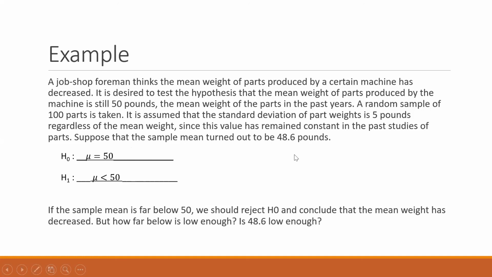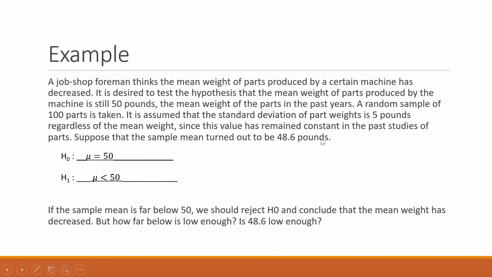Now, if I find that the probability of observing this 48.6 is very small when assuming the population mean is 50, then I would have to question my assumption and say, maybe the machine is not acting correctly. Maybe the population mean has decreased to be less than 50. That's the idea of the p-value.